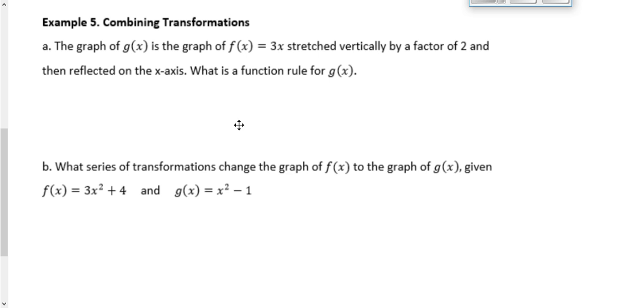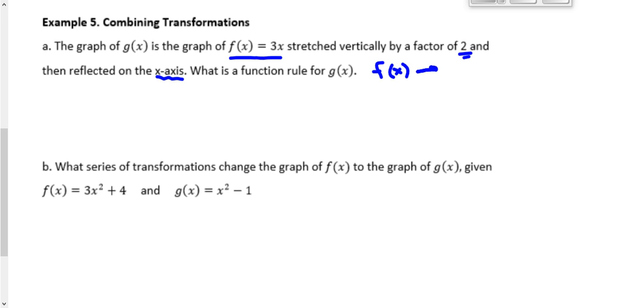A couple more examples here. If the graph of g of x is the graph of f of x equals 3x stretched vertically by a factor of 2 and then reflected on the x-axis, what is a function rule for g? Okay, here's what we're looking at. We're starting with f of x. That's our original function.